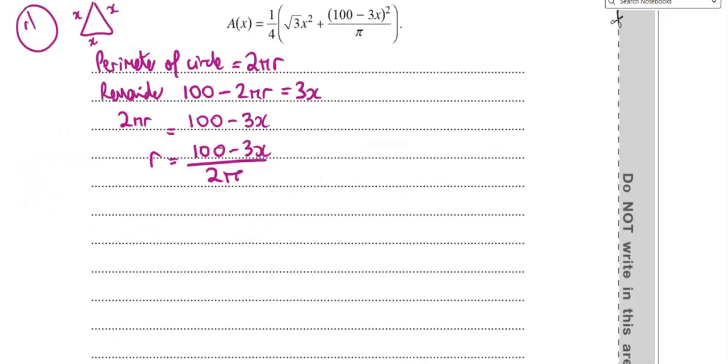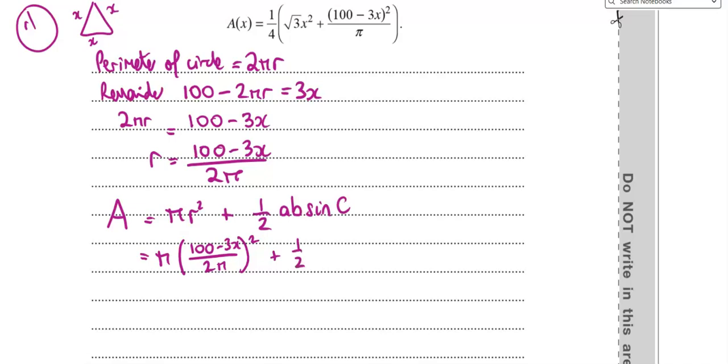Okay, so the area is the circle plus the triangle. So the area is pi r squared plus the formula for a triangle, half ab sine C. So we've got pi times r squared, which we now have expressed using x, plus a half of x squared times sine of 60 degrees, which is root 3 on 2. So let's rearrange this a little.